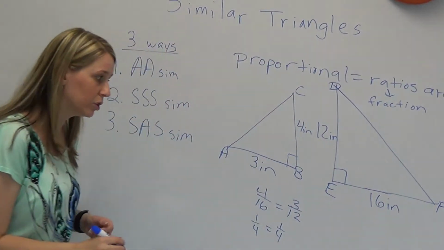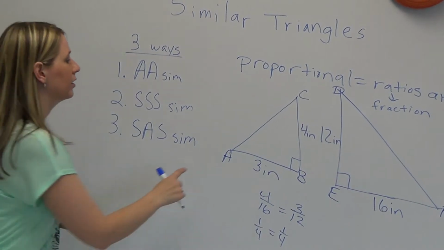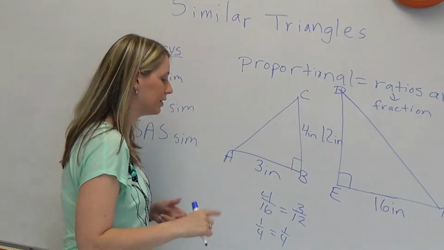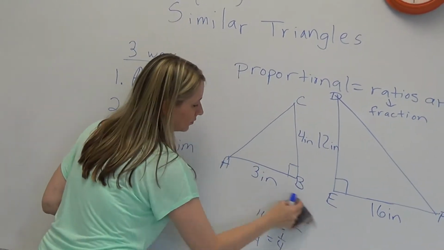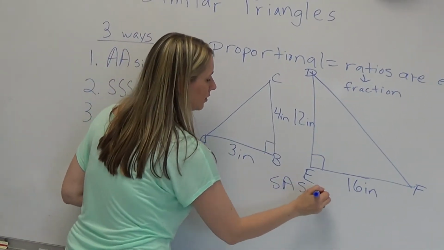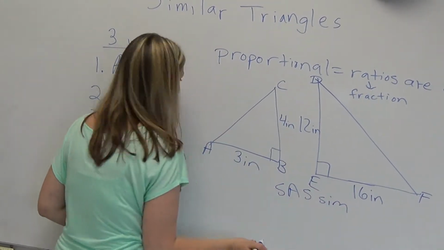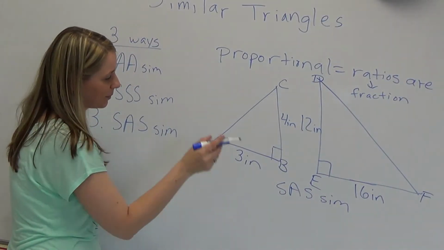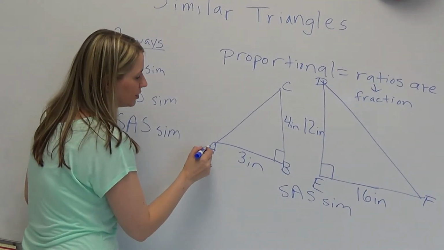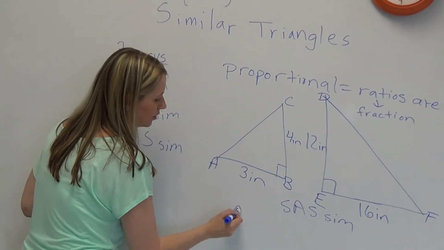Okay, they are similar, but not A, B, C, and F, E, D. It's actually the opposite of that. So they are similar by side, angle, side similarity. But the way you write your similarity statement is going to differ. See, here we start with triangle ABC.